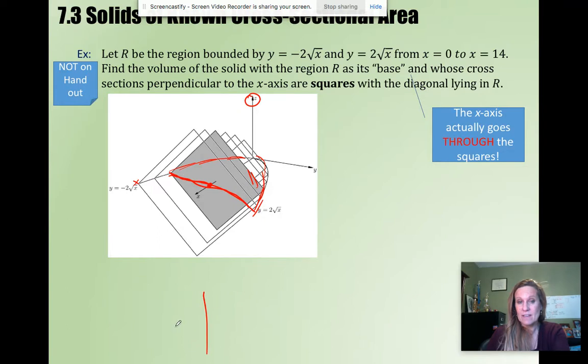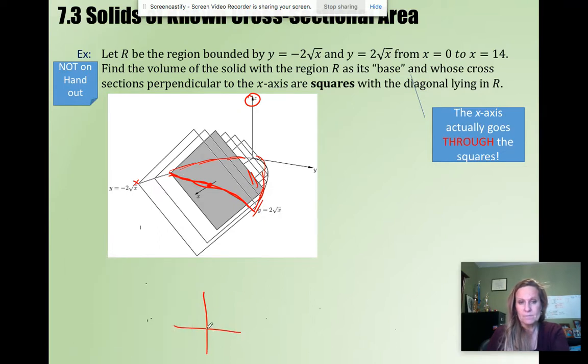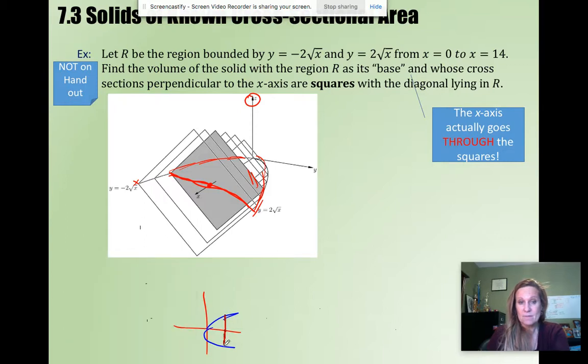Don't forget that in 2D, this looked like that, where the diagonal of the square is perpendicular to the x-axis. How long is that? Well, it's 2 root x long this way, and it is 2 root x long this way.